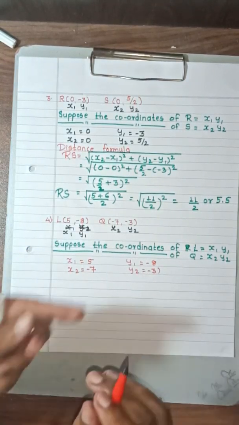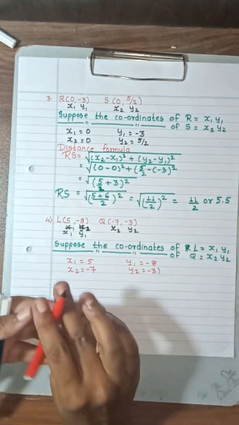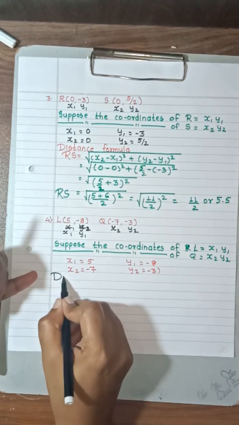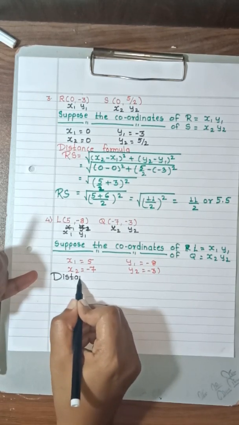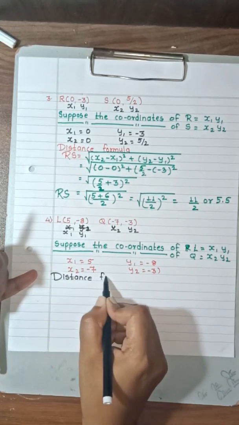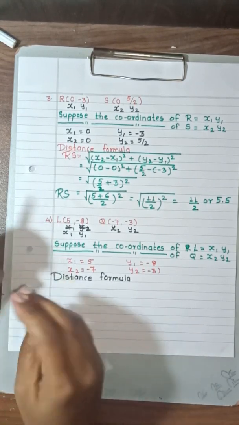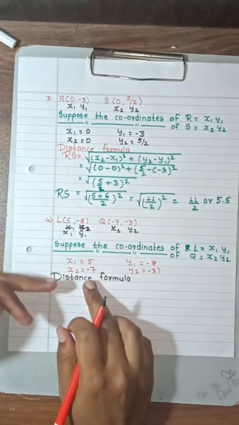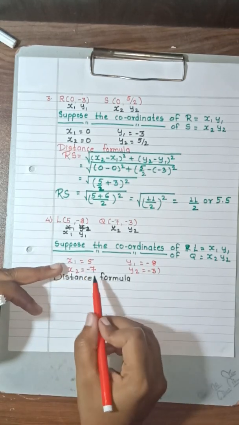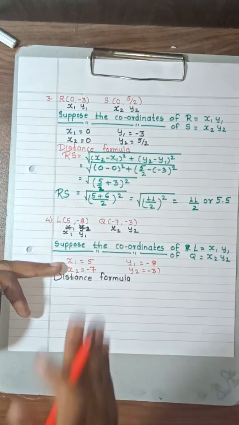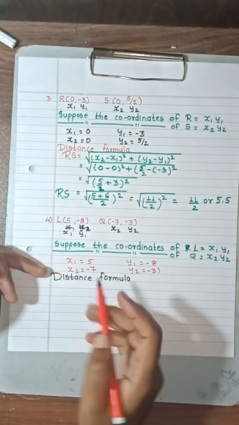Now what we are going to do is, we are going to apply the distance formula over here. Therefore I'll write down here distance formula. Okay, now I hope you all have understood here. Here x1 is greater than x2, therefore formula will be x1 minus x2. Got it everyone?